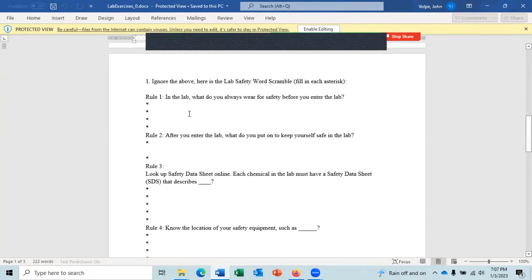So answer these questions. Rule 1, in the lab, what do you always wear for safety before you enter the lab? It has to be before you enter the lab. And there's 4 asterisks, so you need 4 things. Okay? Rule 2, after you enter the lab, what do you put on to keep yourself safe in the lab?